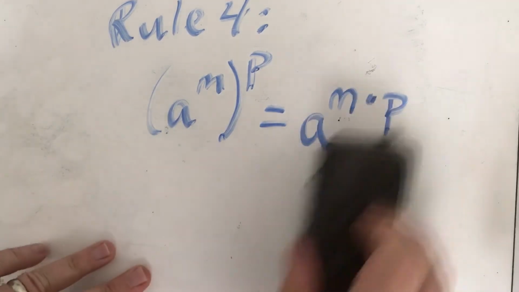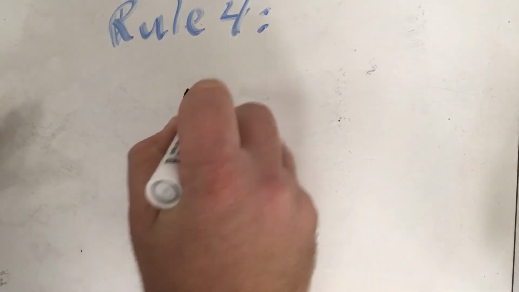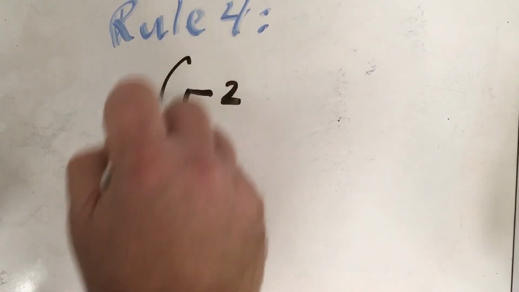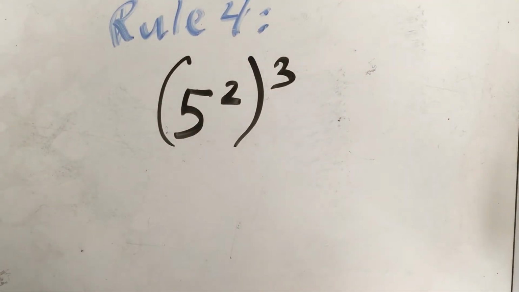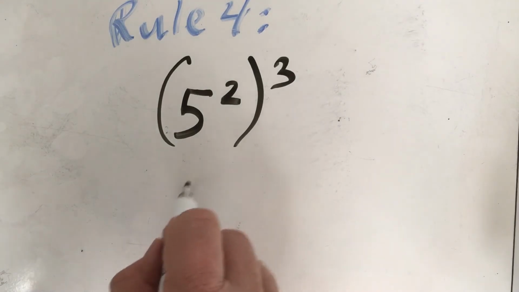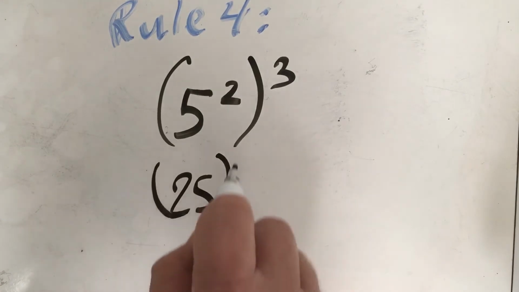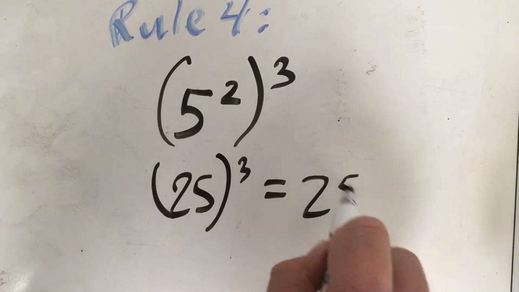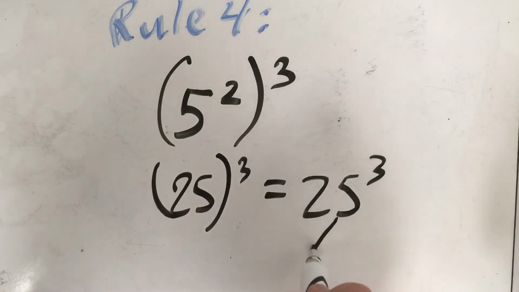Let's see that in action a few more times. Let's do a number. Switch colors here for a minute. So we had 5 squared raised to the 3rd power. Well, one route would be to actually do the math here and get 25 to the 3rd power, which again we could put in our calculator and get the answer.